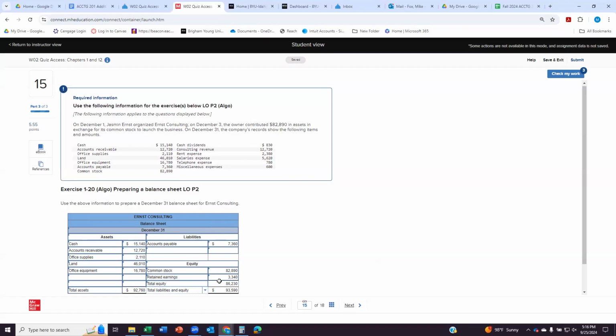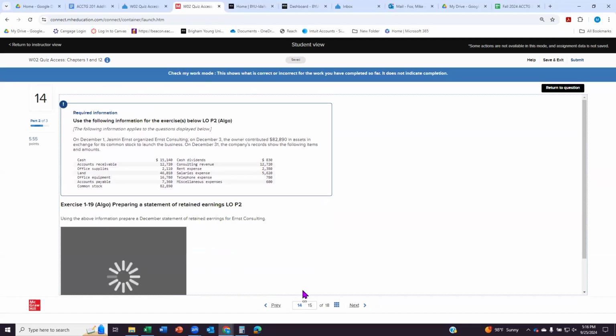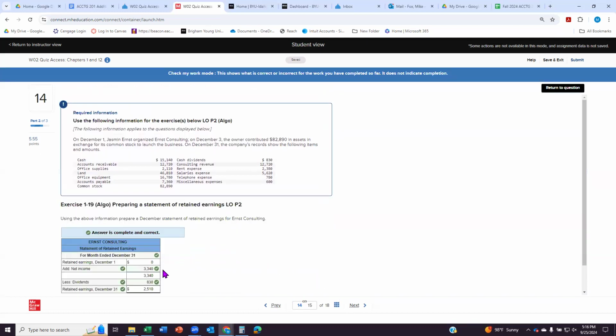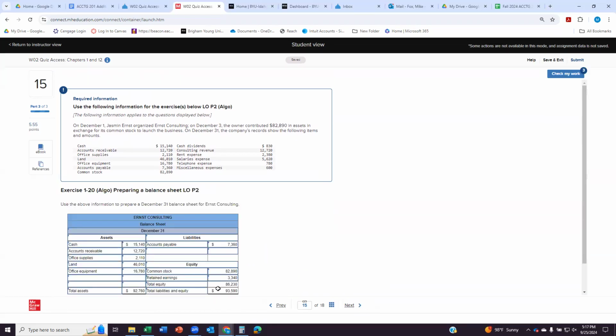So it looks like the only thing that could be wrong is my retained earnings, which means I may have to look back and say, oh, I made a mistake. I pulled it off my calculator. My retained earnings should be 2,510. So I'm going to put that in there. And now, nice, it balances. My assets equal my total liabilities and equity.